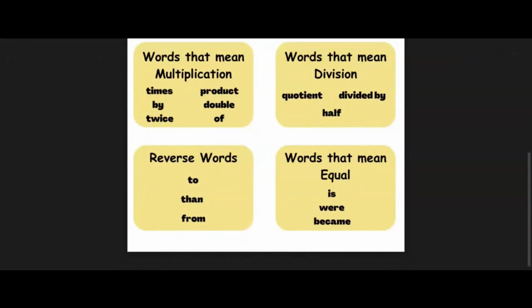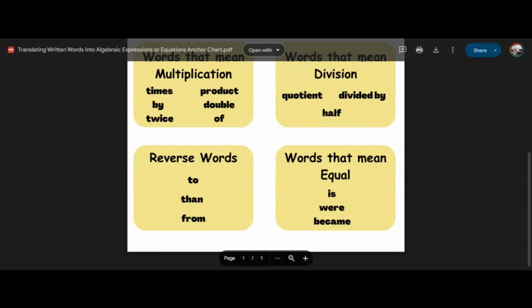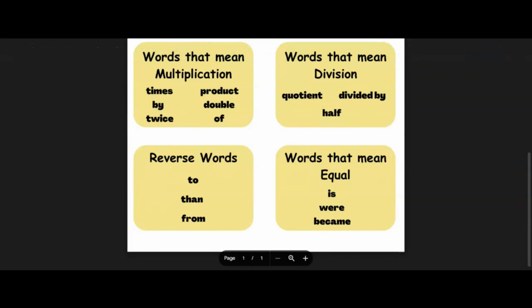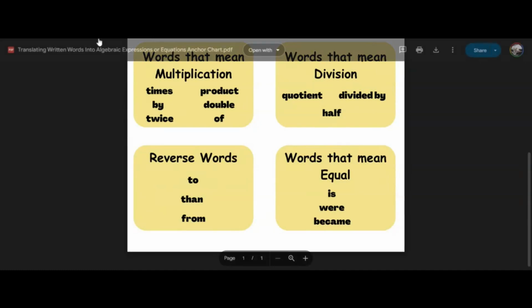Words that mean equal: is, were, and became. And then the very important reverse words: to, than, and from. Than being the most popular, the most commonly used reverse word. Okay. It would be a good idea to have this printed.